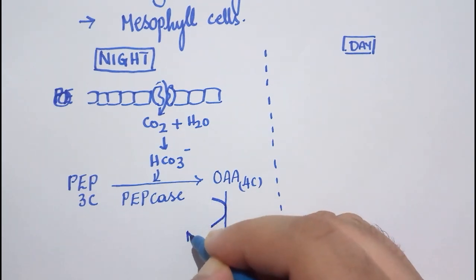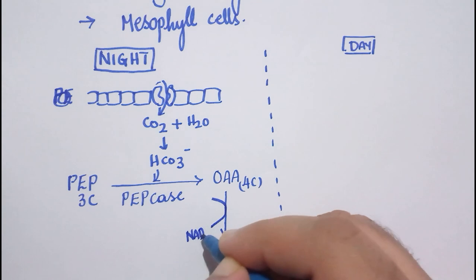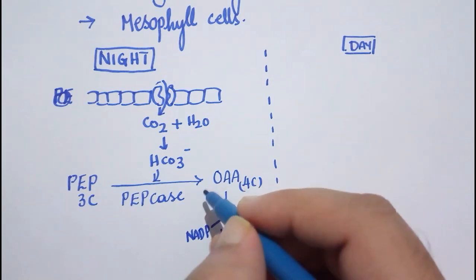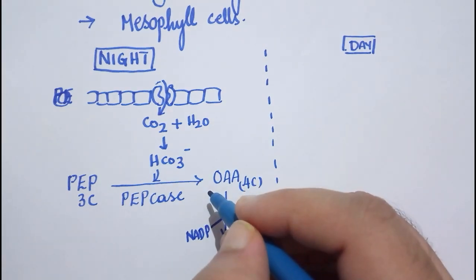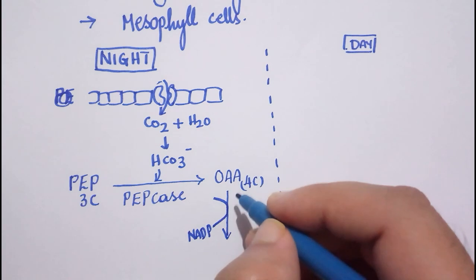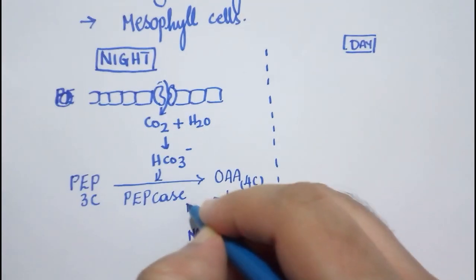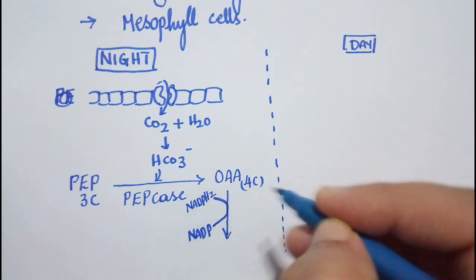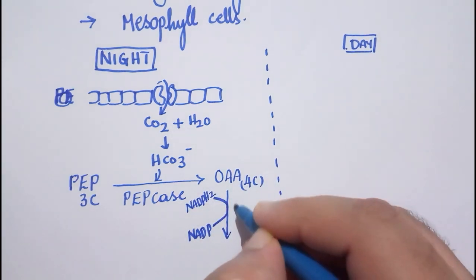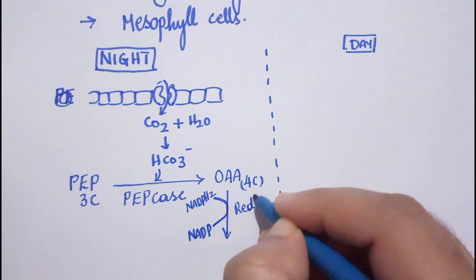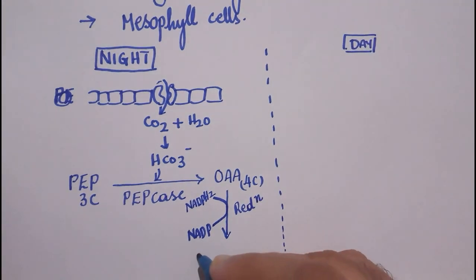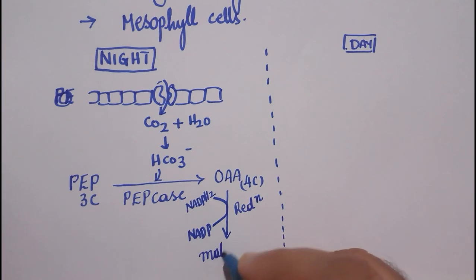So NADP. So oxaloacetic acid is just undergoing reduction here, and it is forming malic acid.